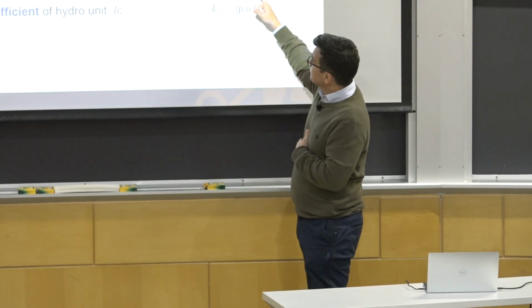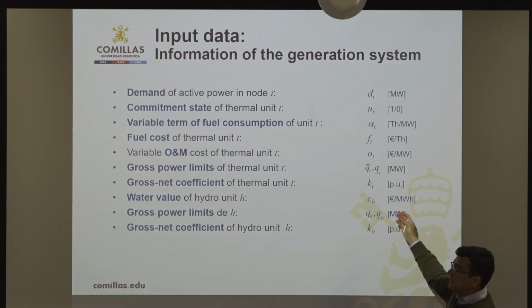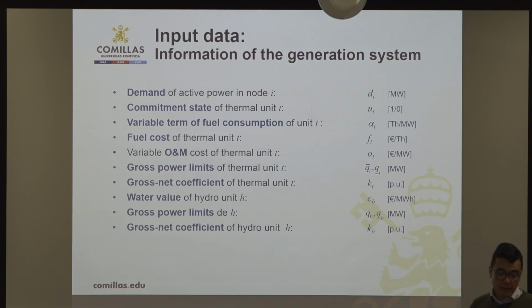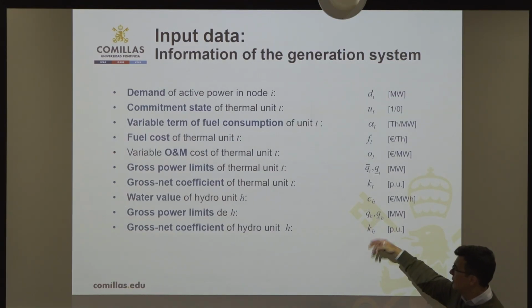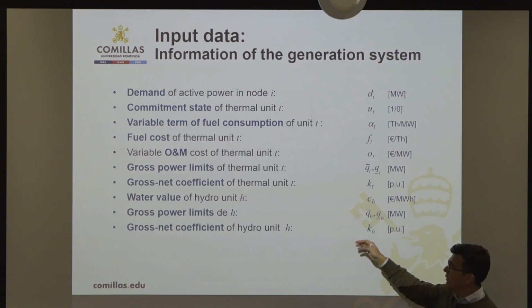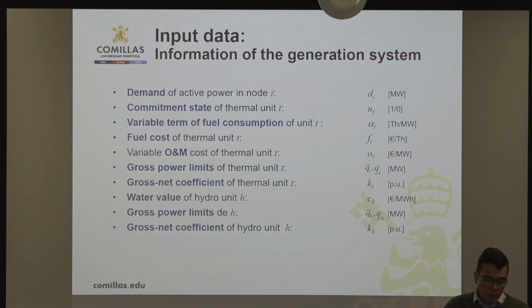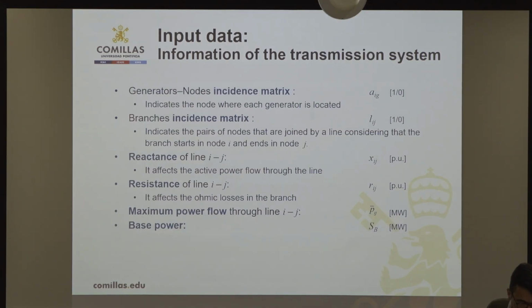Okay. So it's going to be considered like any other fuel. And then for the hydro generators we have the same, the maximum power, and normally the ratio between the net power and the gross power for hydro units is almost 1, because the electrical consumption can be neglected here.